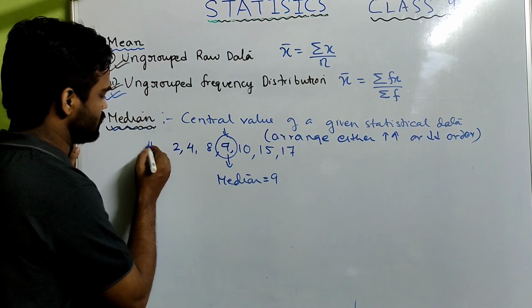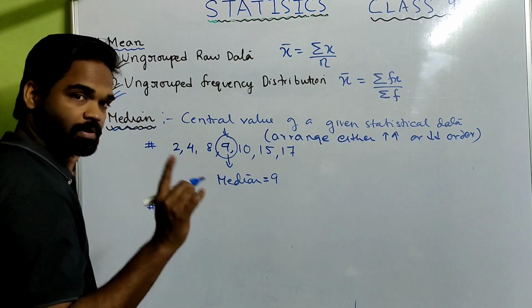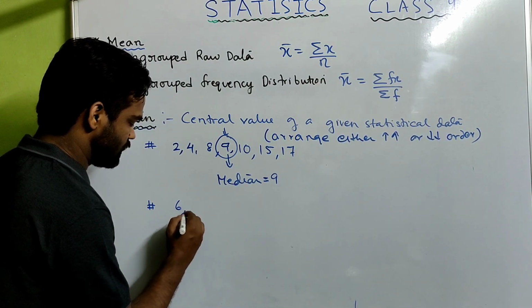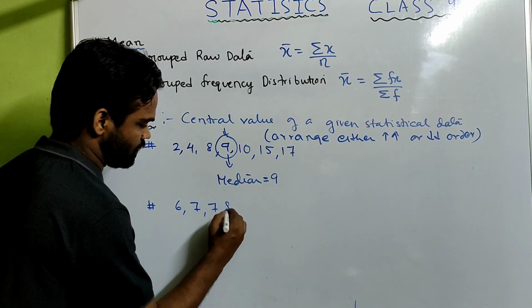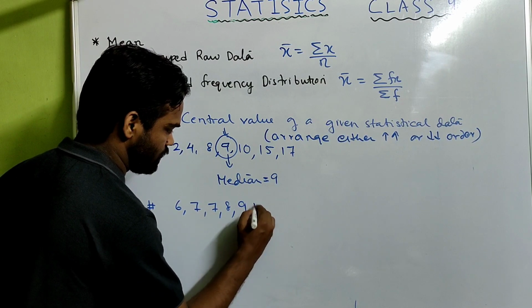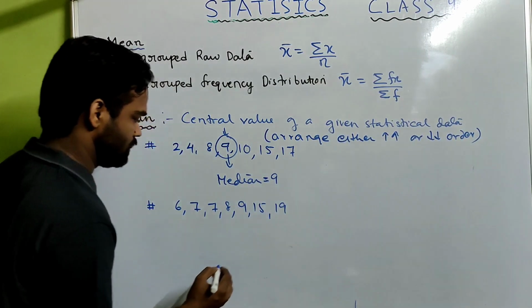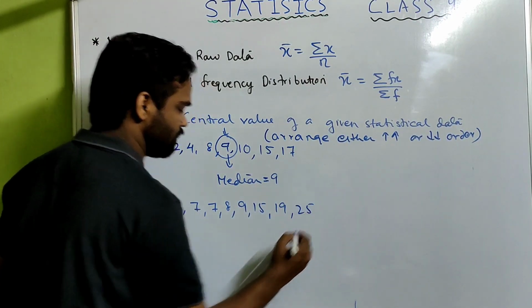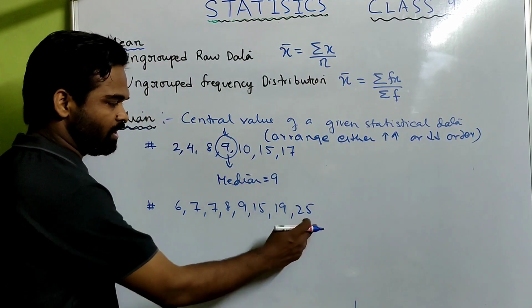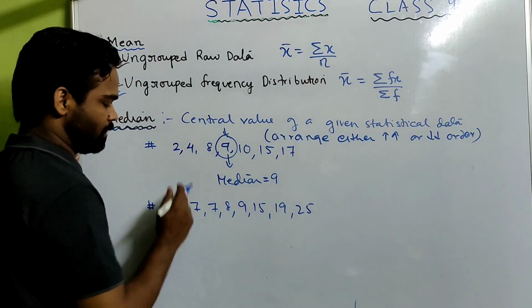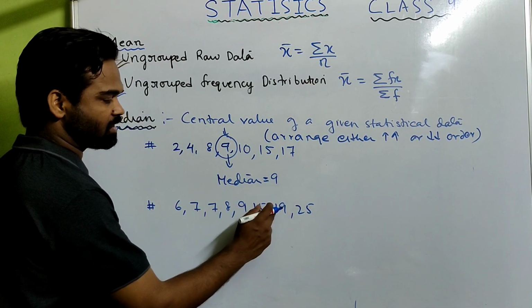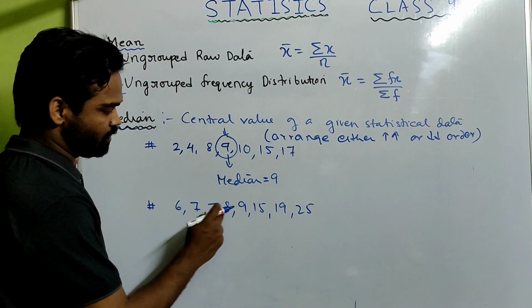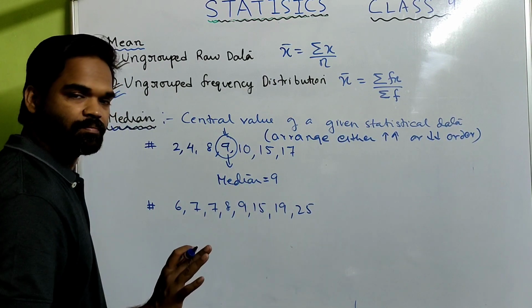But take a scenario like this. Suppose 6, 7, 7, 8, 9, 15, 19, 25. Now over here, if you look carefully, there are 1, 2, 3, 4, 5, 6, 7, 8 data.